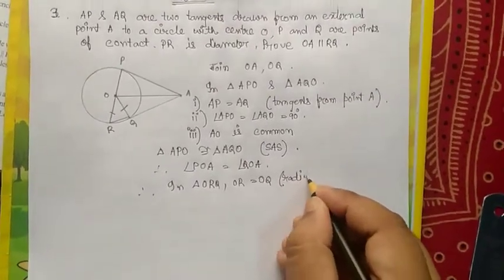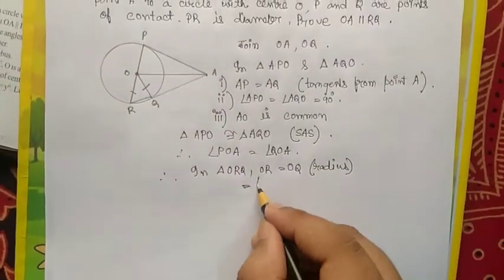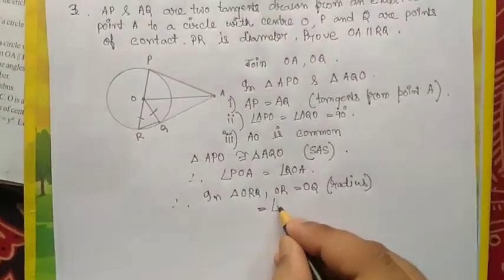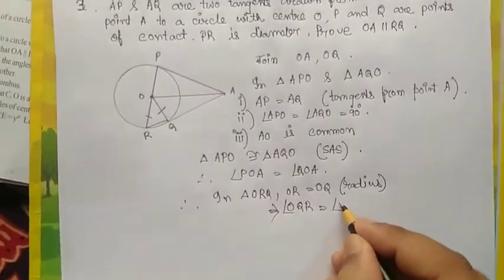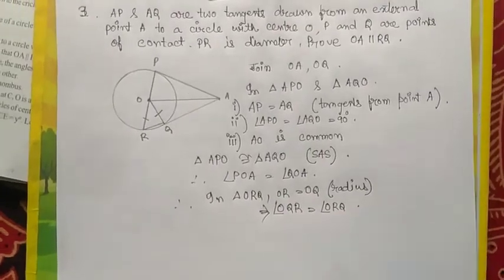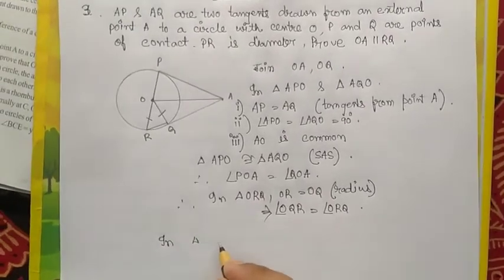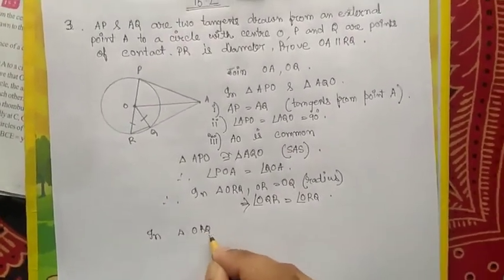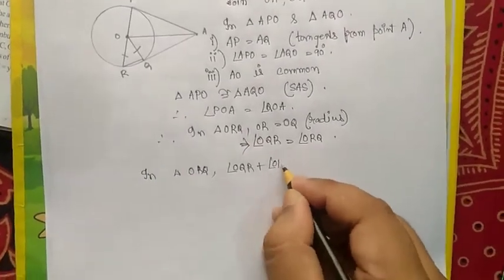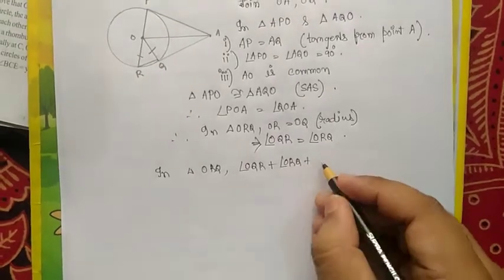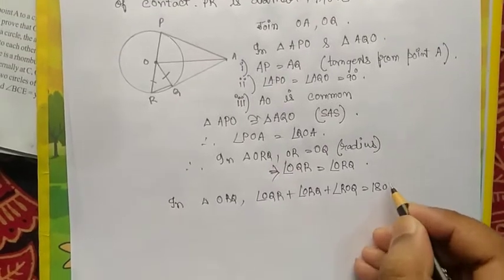So therefore we can say that the angles opposite to equal sides are equal: angle OQR equal to angle ORQ. So therefore we know in triangle ORQ, angle OQR plus angle ORQ plus angle ROQ equal to 180 degree.